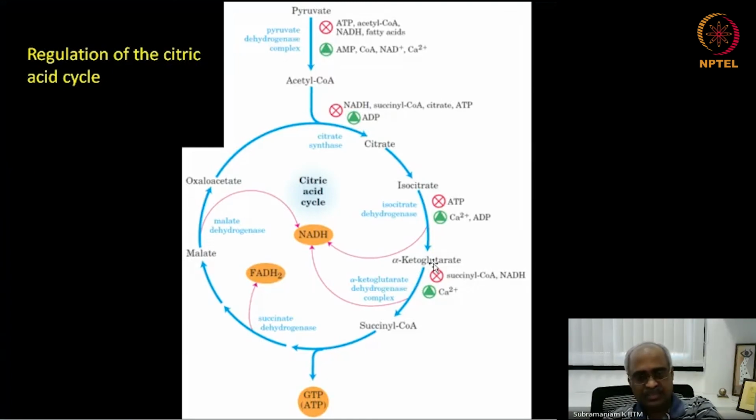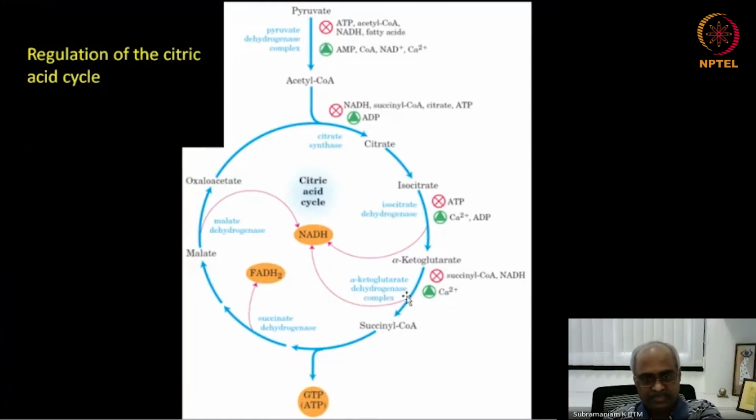The transacetylases, the next enzymes of these two, and then the dihydrolipoyl dehydrogenase, the third enzyme, they are identical in these two complexes. So a similar complex works in branched chain amino acid oxidation as well, and these are thought to have evolved from common precursors. Okay, evolutionarily they come from a common ancestor.